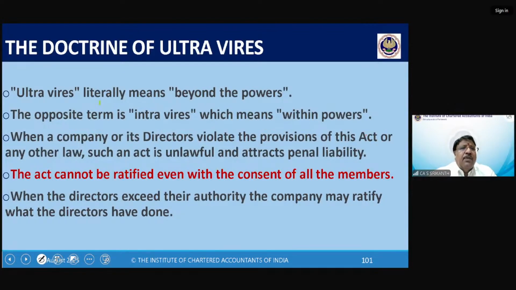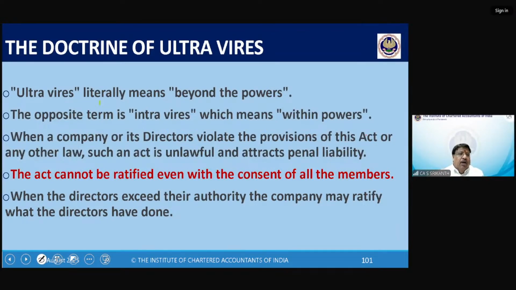Now the directors, in an emergency, borrow 2 crores without approval of the shareholders. Now, it is definitely exceeding power. Whose power? Only the directors' power. Their authority they have exceeded. The company can borrow any amount, so long as some fools are willing to lend. The directors have exceeded and borrowed 2 crore without approval.